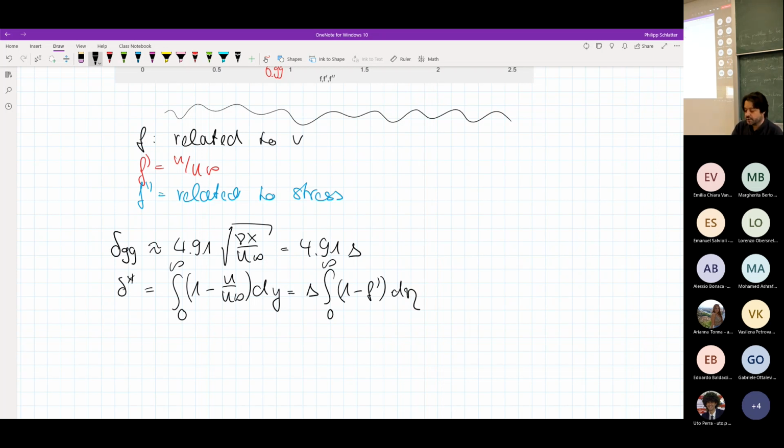You see that I went from dy to d eta, and I also introduce this delta here to compensate for the inner derivative. And this I can now calculate analytically, more or less, from knowing what f prime is as a function of eta. And if I do that, I will get a value of 1.7208 delta.